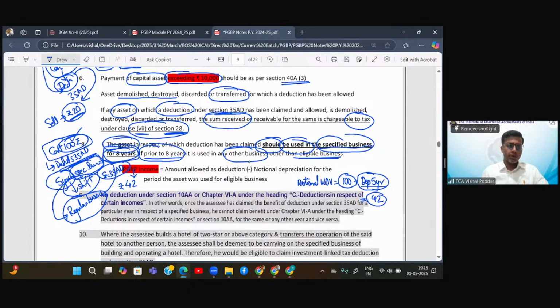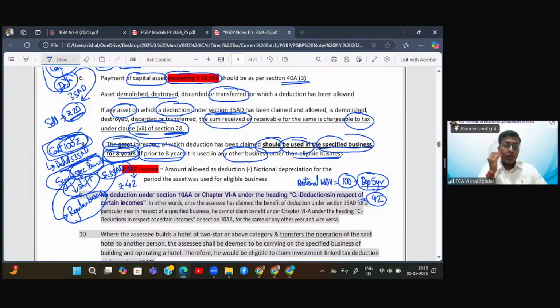Simple logic. I took deduction of 100 in my 35AD business. Now that asset is getting transferred from 35AD to any other business, though other business is my business only, but in the eyes of law, 35AD is different and other businesses are different. So in 35AD computation, I will have to show this 42 rupees as my PGBP income.